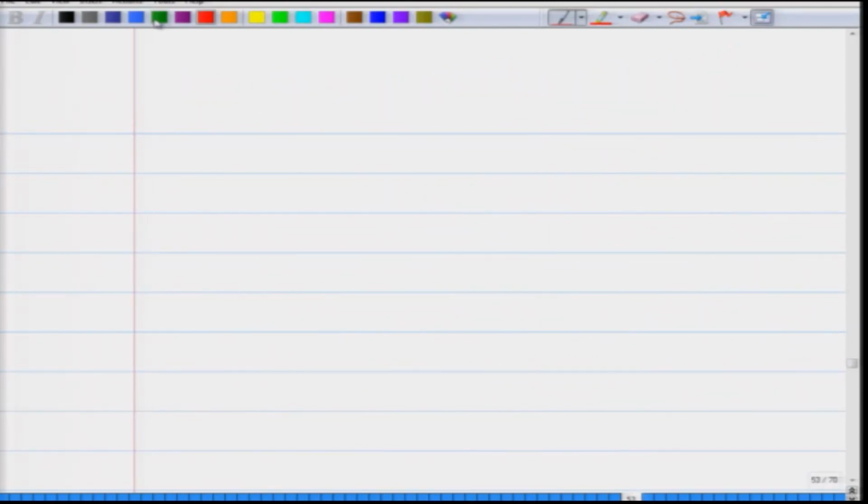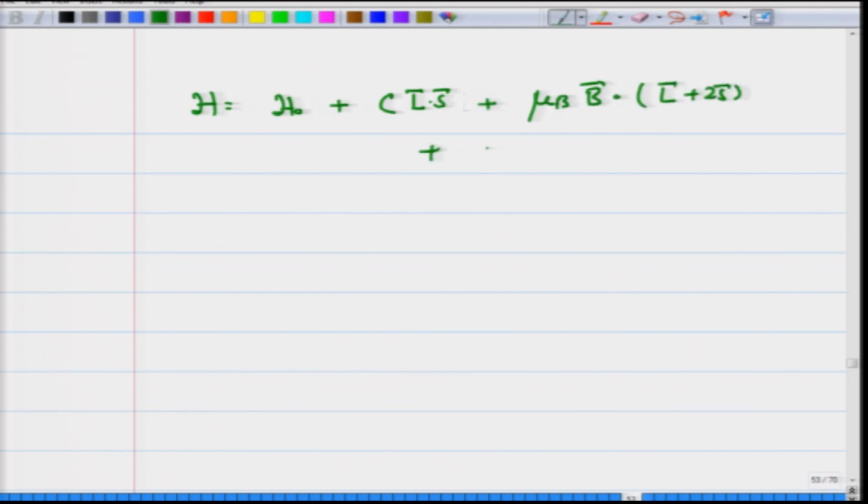So, finally, I have reduced the Hamiltonian to the form H 0 plus C L dot S plus mu B B dot (L plus 2S) plus Z e square over 2m (x square plus y square) B square.